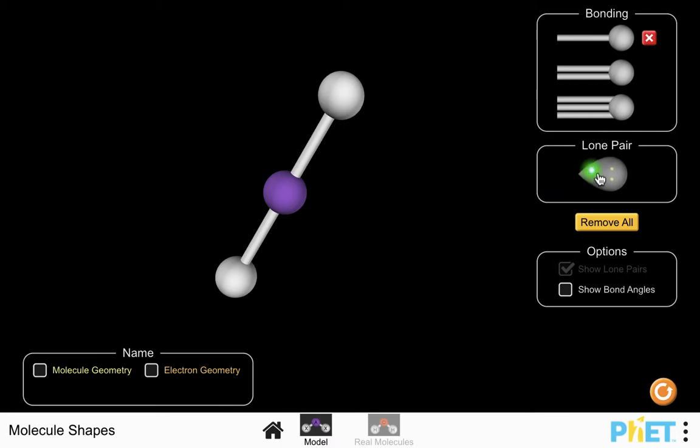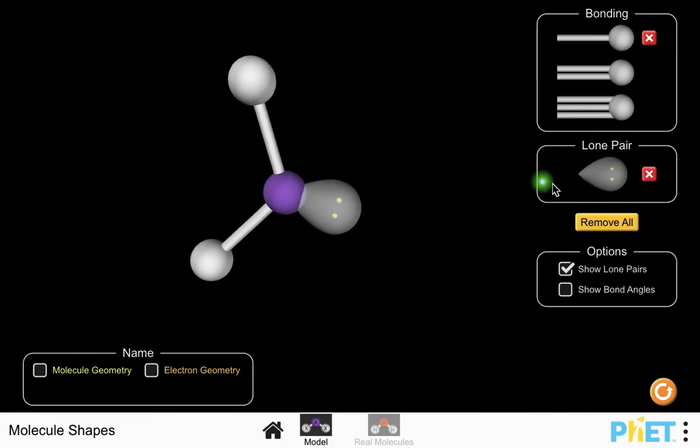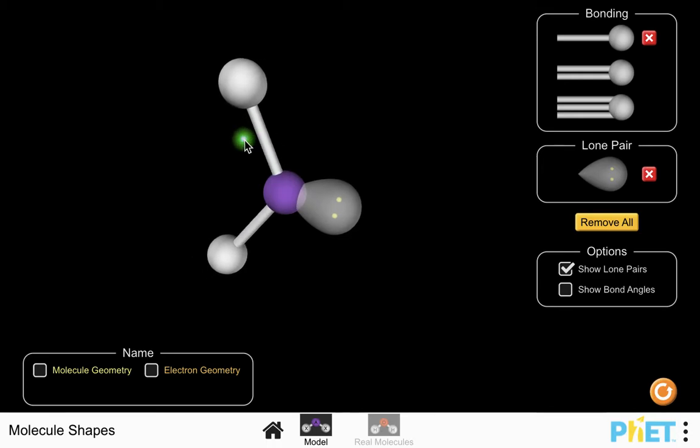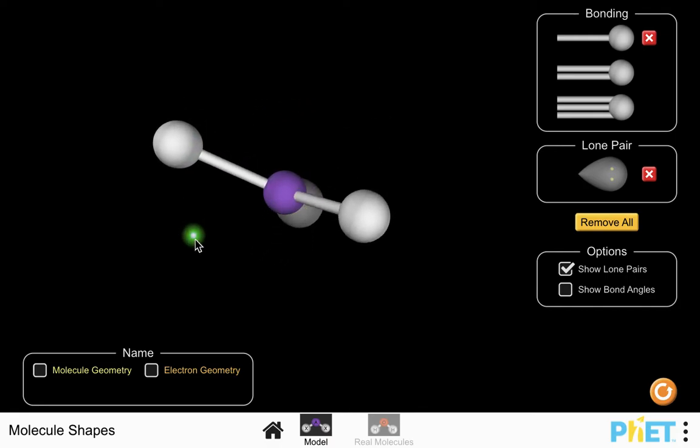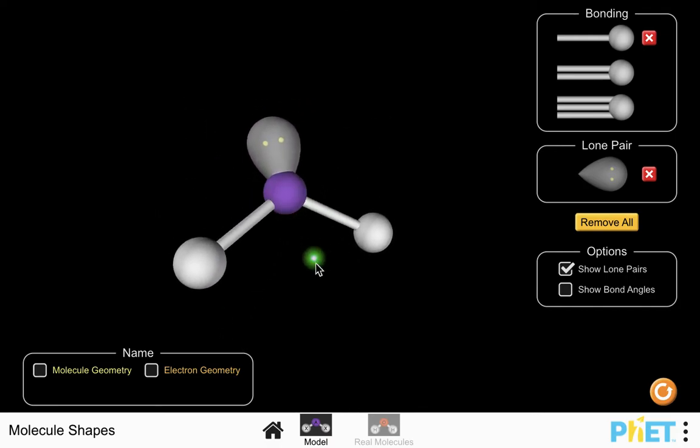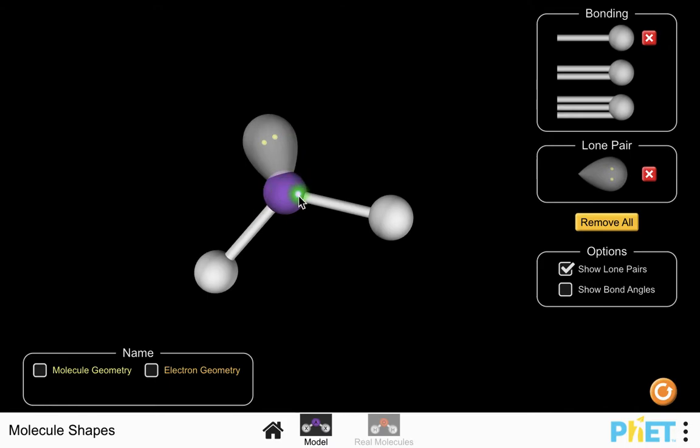Now let's say I put in a lone pair. Well, it's going to go on the central atom. So you can see now that we have this shape. It's really cool. You can kind of rotate it around, see what it would look like in 3 dimensions. Now, when we draw the shape, we only draw the bonds. We don't include the lone pair.